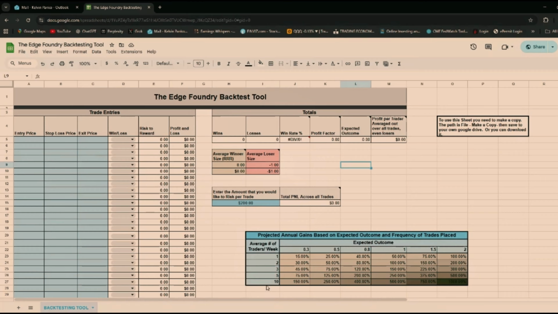So, if you only placed two trades per week and you had an expected outcome of one, that would make 100% on your account. You don't have to day trade to get powerful gains. You're only making two trades per week, but you have a really good expected outcome. When you win, you really win, then you can make 100%.